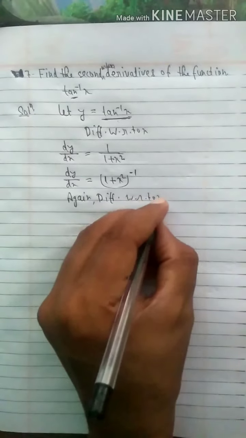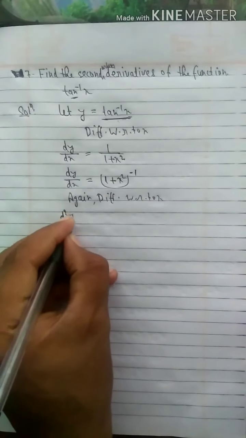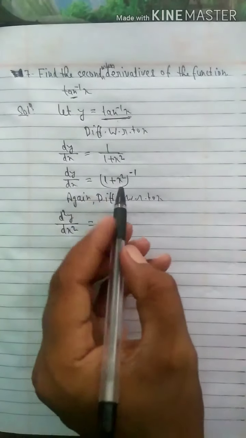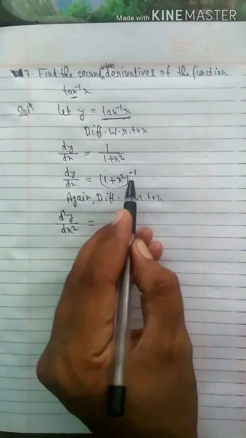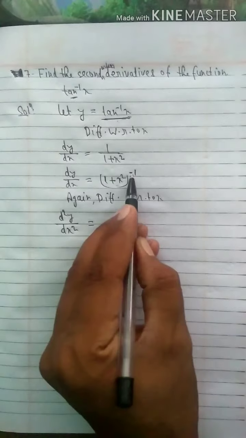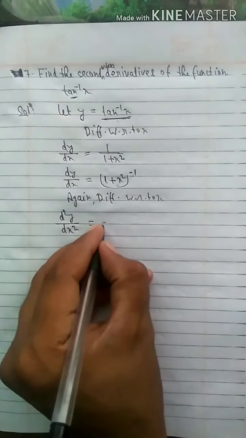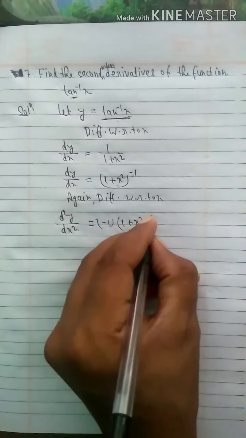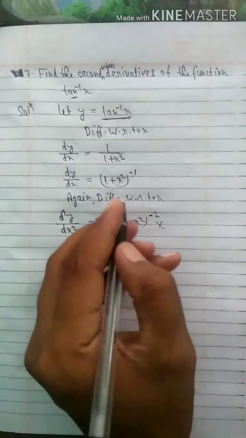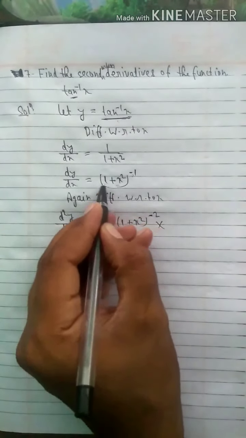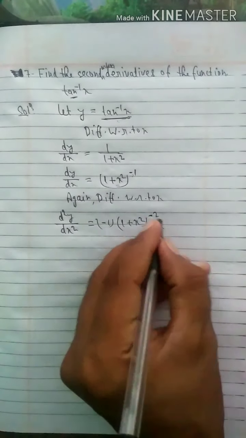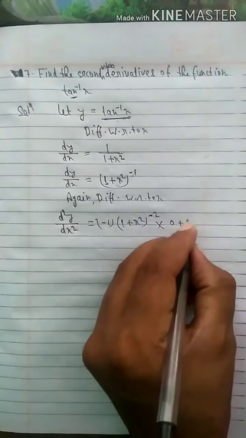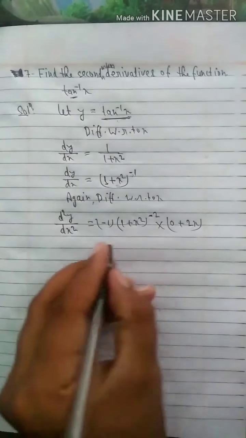And now again differentiating with respect to x. So d2y upon dx2 equal to, using the formula for x to the power n, the derivative of this function we can write minus 1 plus x square to the power minus 2 into the derivative of 1 plus x square. The differentiation of 1 plus x square will be 0 plus 2x.